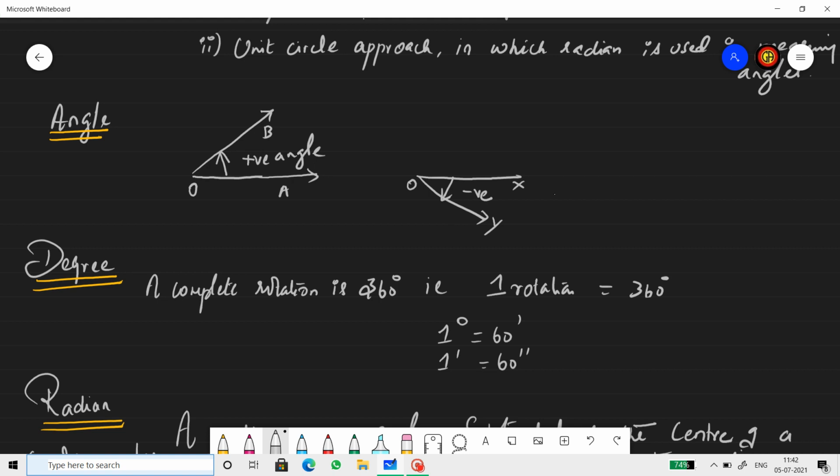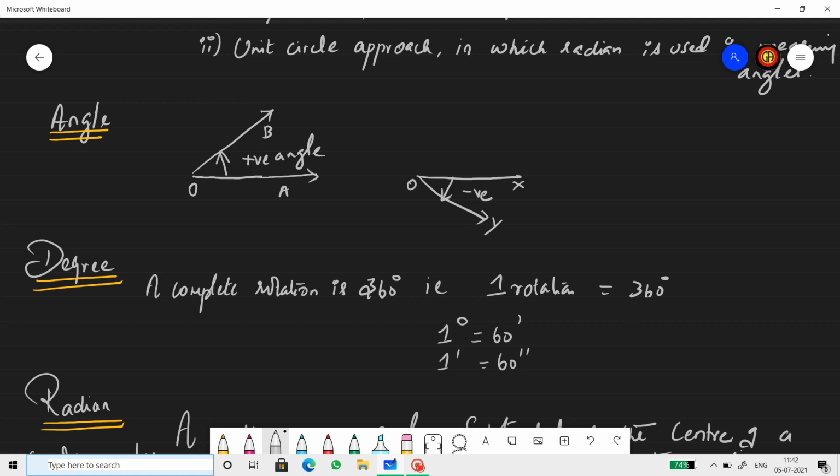I know all of you know what an angle is, but still, let's start with a basic introduction of what an angle is. Let OA be a fixed ray of a line, and it is revolving.